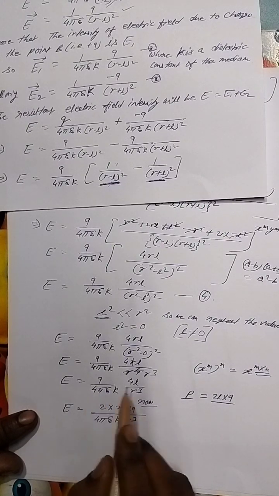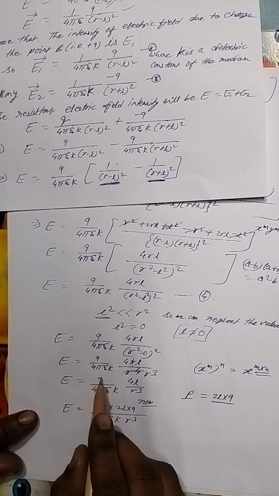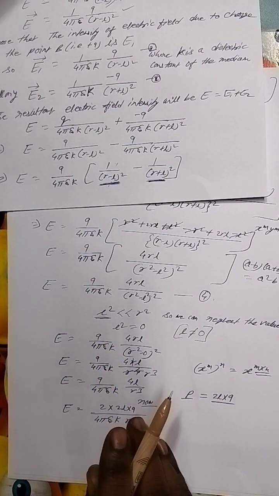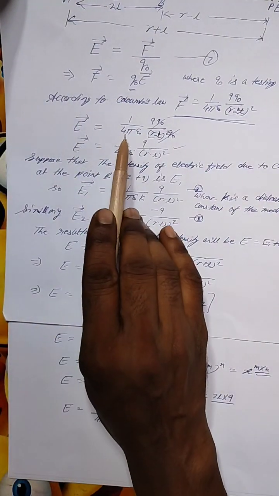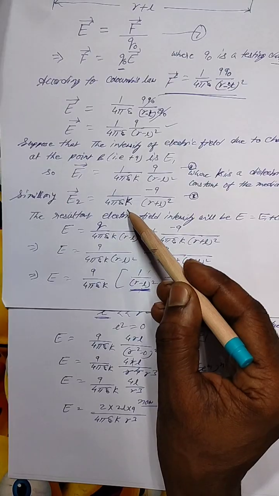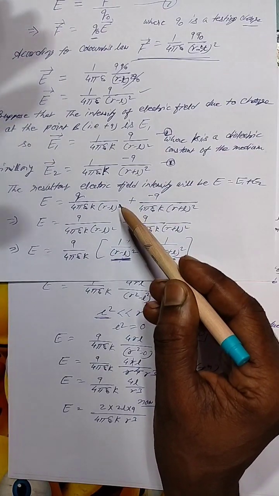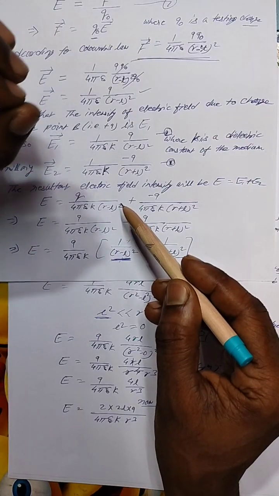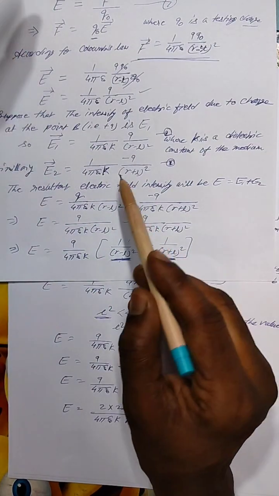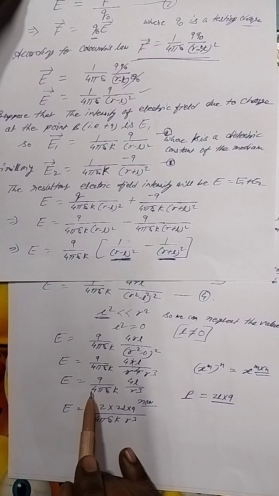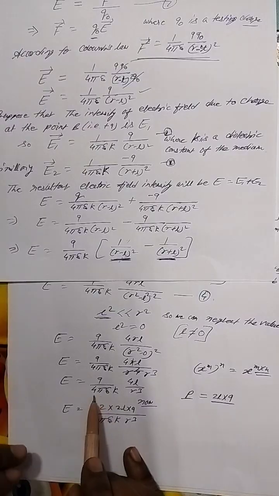Please don't cancel this 4 and this 4. Remember, in the starting, 1 upon 4 pi epsilon 0 k will exist in the last as a proportionality constant. So don't try to vanish this 1 upon 4 pi epsilon 0 k.